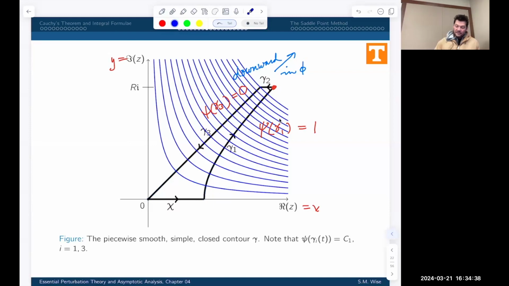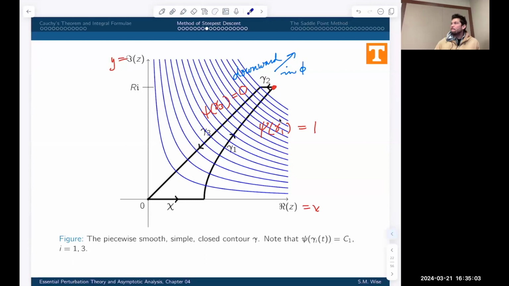This is called the method of steepest descents, or the method of steepest descent, singular, because we're going in the steepest descent direction with these contours. Well, that's not exactly true because this one's going in the steepest ascent direction, but you get the idea. Any questions about this setup so far?